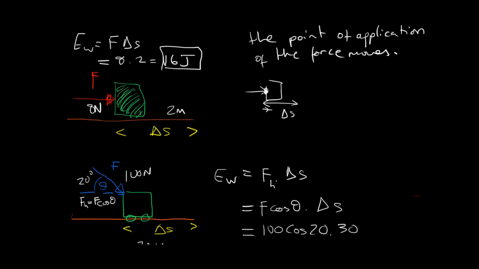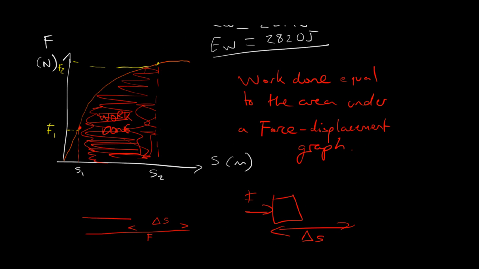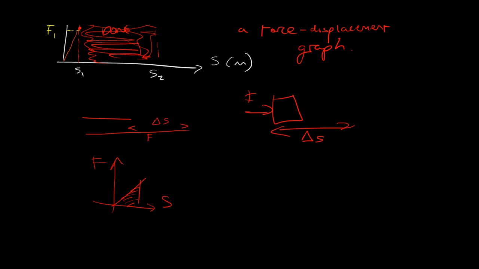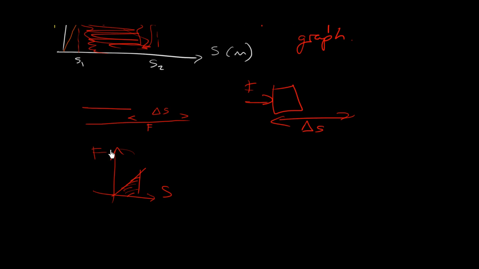And we did a few calculations, one of them was straightforward and another one at an angle, and then we talked about this idea where the work done is also represented by the area under the force and displacement graphs. So we'll use this idea later to calculate the formula for the amount of elastic potential energy.